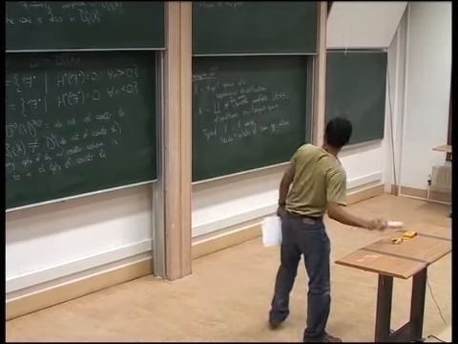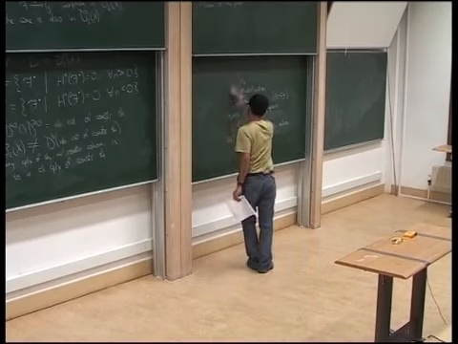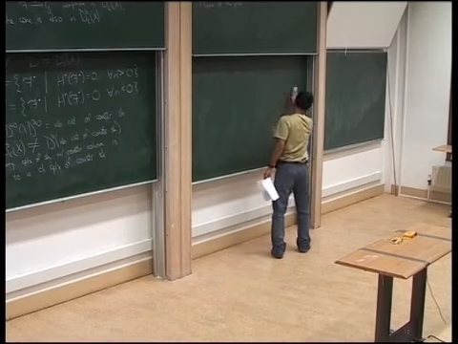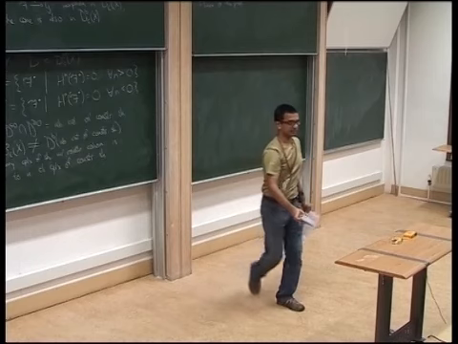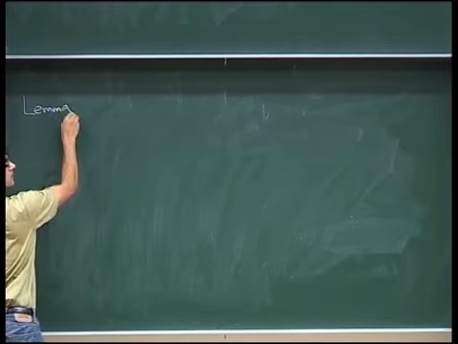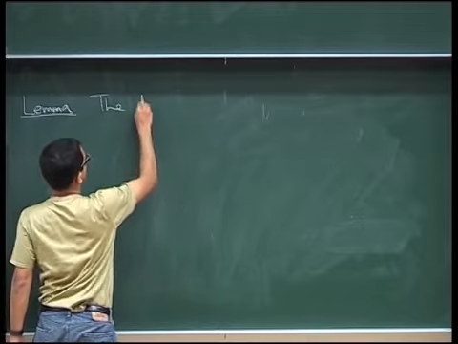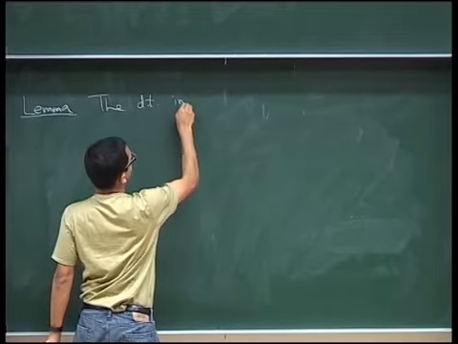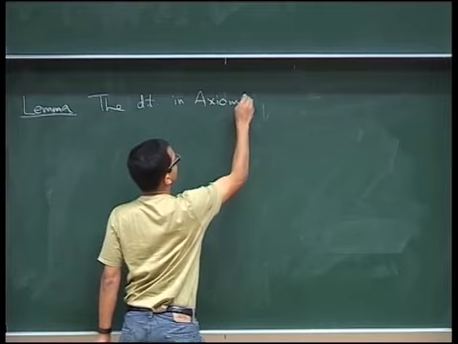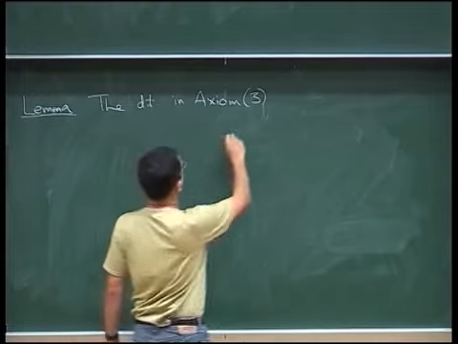And the lemma is this. The lemma is that the distinguished triangle in the third axiom in the definition of a T structure is functorial. And then, well, this is one step on the way to the proof of the theorem.